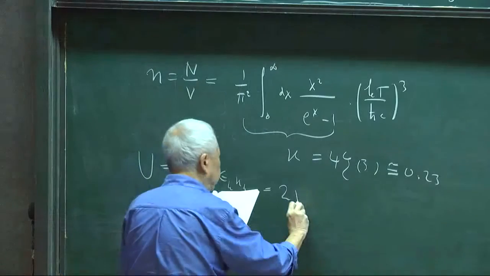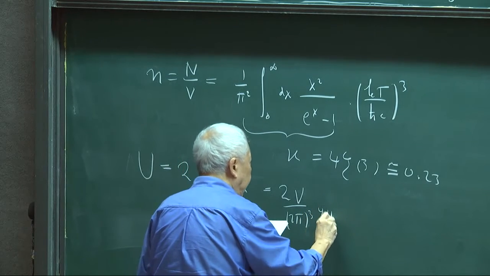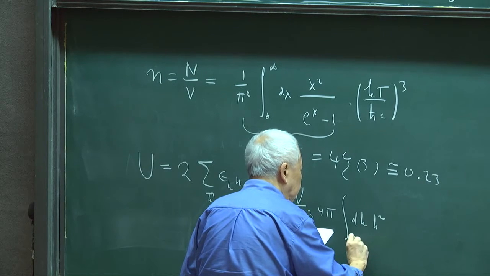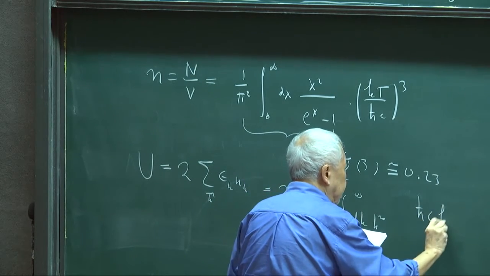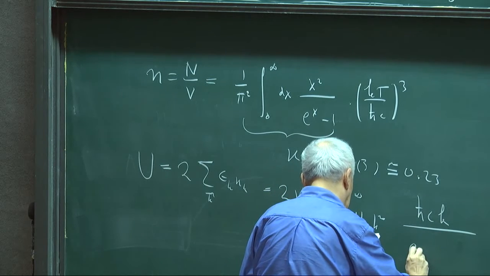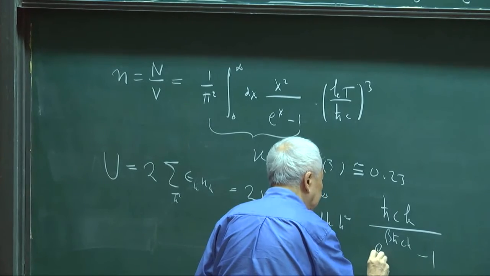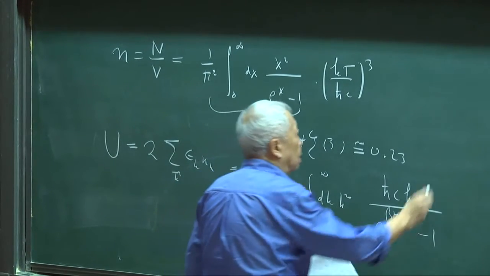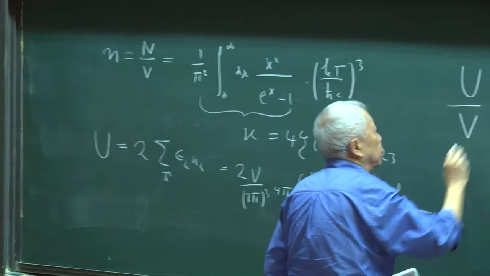This is equal to 2V over (2 pi) cubed times 4 pi times the integral dk k squared from 0 to infinity, h bar ck divided by e to the beta h bar ck minus 1. And now you can do all this, and you get the energy per unit volume.